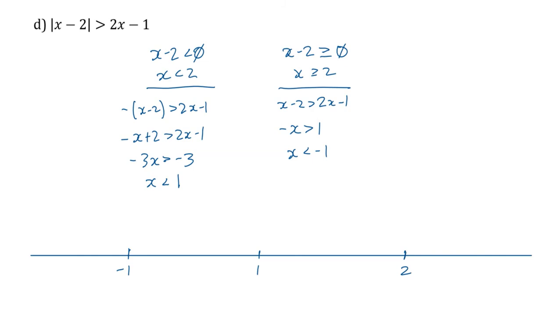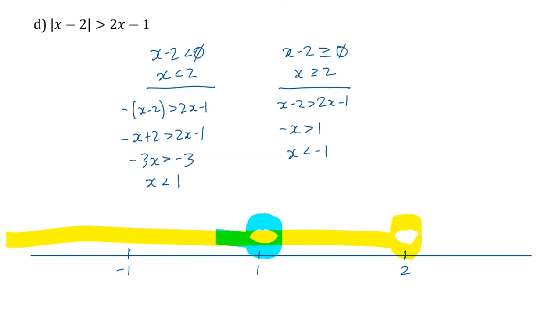Okay, so doing the first case, values of x that are less than 2, starting at 2 and going less than. Values of x that are less than 1, starting at 1 and going down.